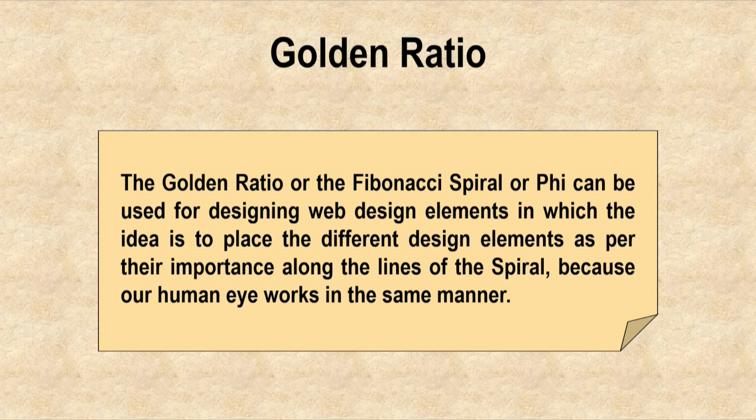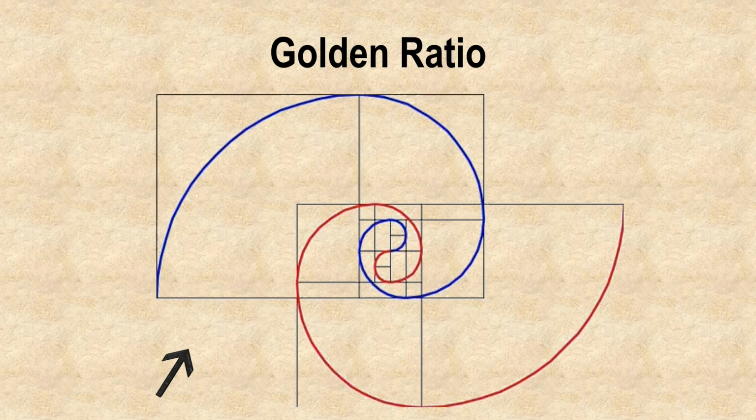So if we want certain elements to be seen first as per their importance, we can arrange them accordingly around the spiral shape. In this figure we can see how we are giving importance to the different graphic elements and how we want to place them around this spiral shape.